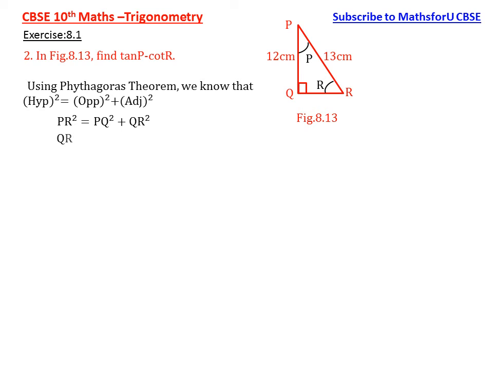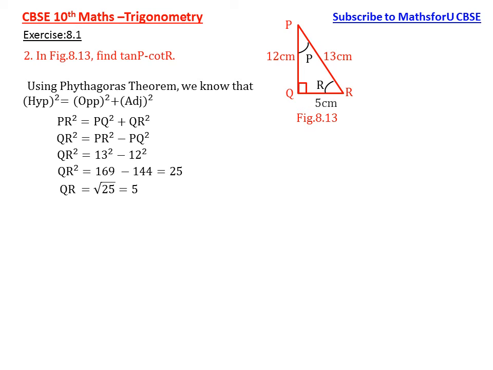From this we can write QR square is equal to PR square minus PQ square, which is 13 square minus 12 square, which is 169 minus 144, that is 25. Square root of 25 is 5. Therefore QR is 5 centimeter.